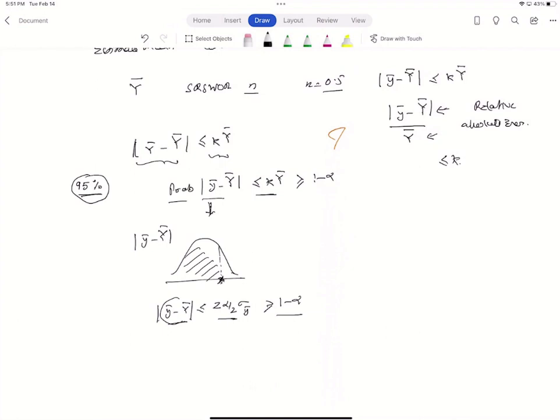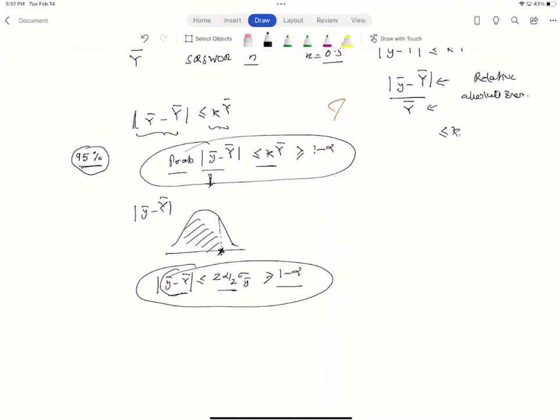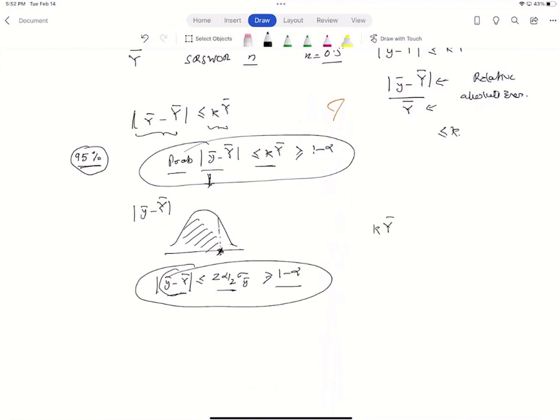So now we have two equations, this equation over here and this equation over here with normal distribution. From that we can get k y bar is equal to z half sigma y bar, because this is the same here and here.